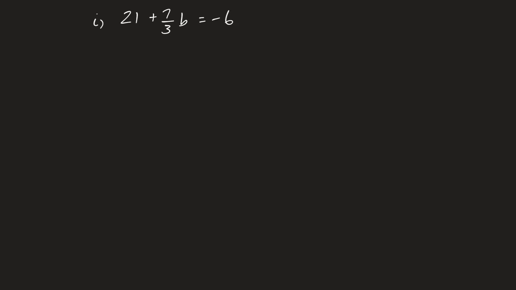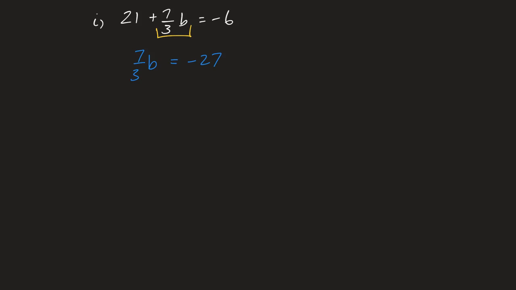Okay, we're back. So we take a look and we notice that we've got that as our variable term. There's our 7/3 b. That means that I want to isolate that variable term, which means I have to get rid of that plus 21. When I get rid of that plus 21, I need to subtract 21, and there's my negative 27.